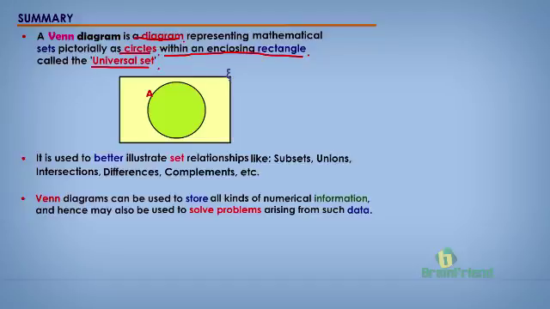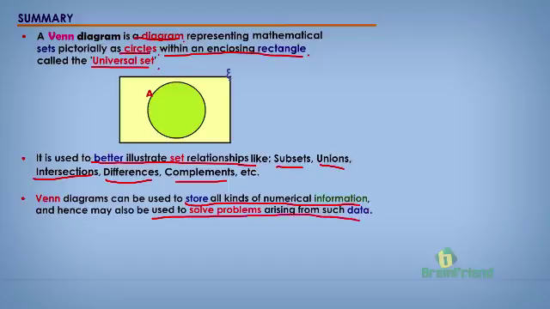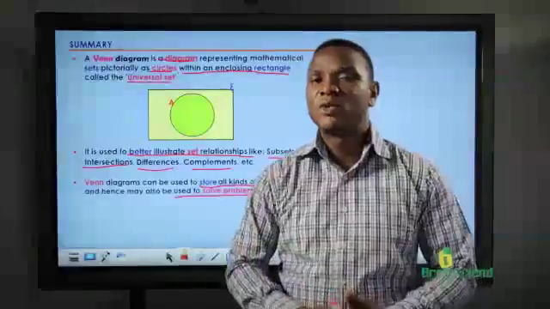We also learned that we use Venn diagrams to better illustrate set relationships like subsets, unions, intersections, differences, complements, and the likes. And finally, we learned that Venn diagrams are also very useful in storing all kinds of numerical information, and hence we may also use them to solve problems that arise from such data.